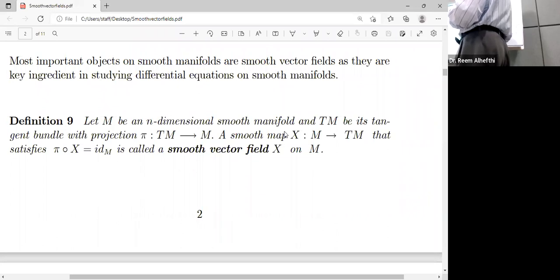Linearity: X_p of (lambda f plus mu g) is equal to lambda times X_p f plus mu times X_p g. And second is the derivation, the ring derivation: X_p of fg is equal to f(p) X_p g plus g(p) X_p f.